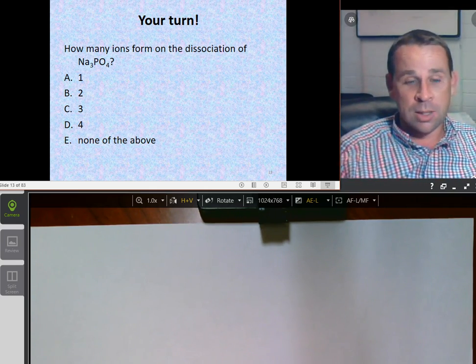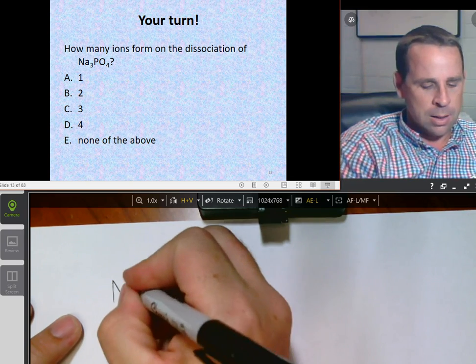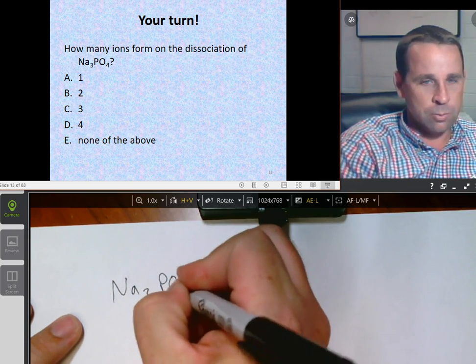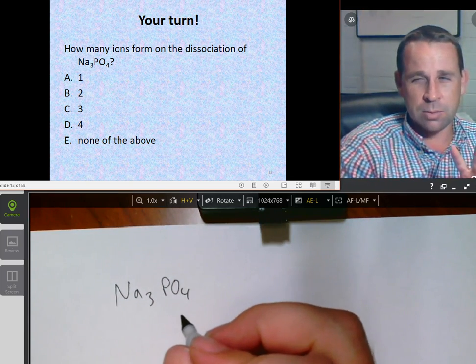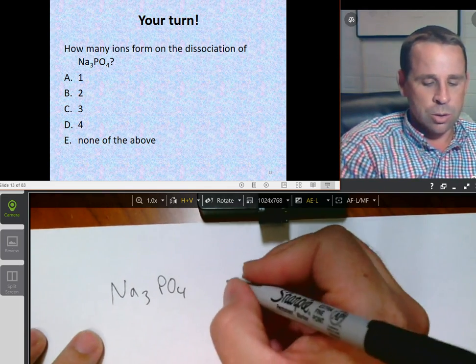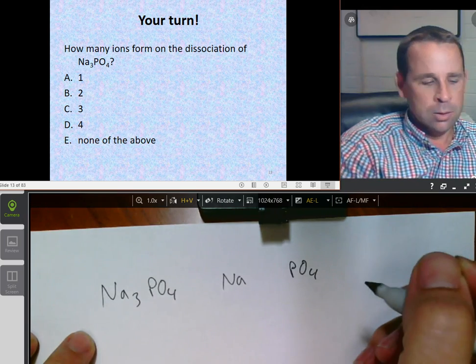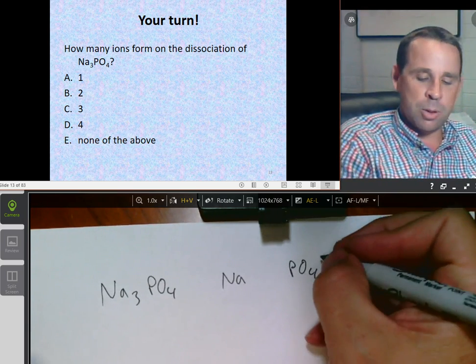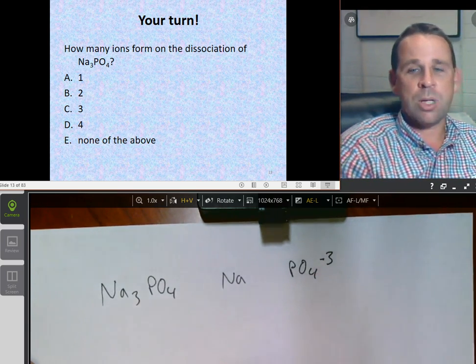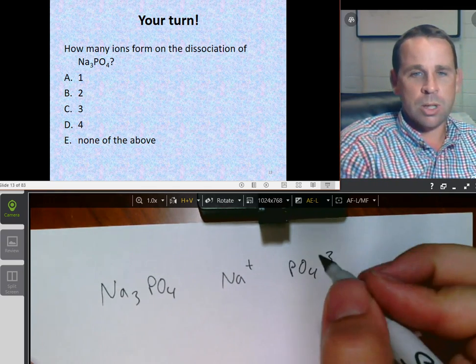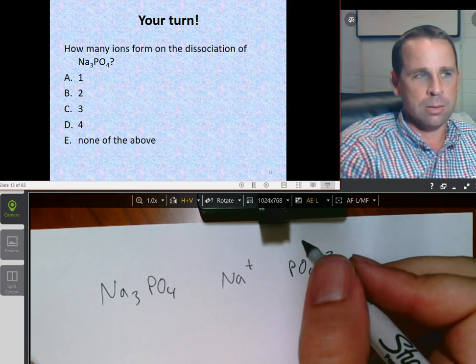All right, so I can look at this and I can see Na3PO4. I can see there's two types of ions, right? I have the sodium ion and I have the PO4 ion. I can look on my chart and I see that PO4 is a -3 ion. Sodium is a +1. I can look at the periodic table and see that.